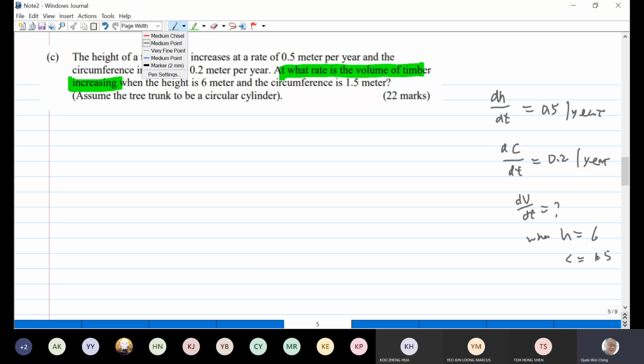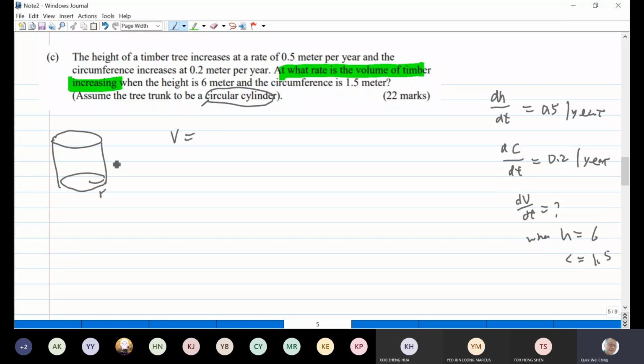Do you know the formula for the circular cylinder? Because the timber is a circular cylinder, the volume is pi r squared times h.